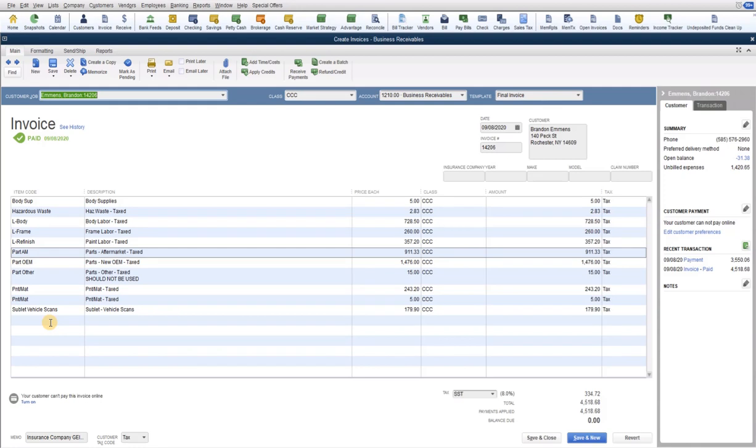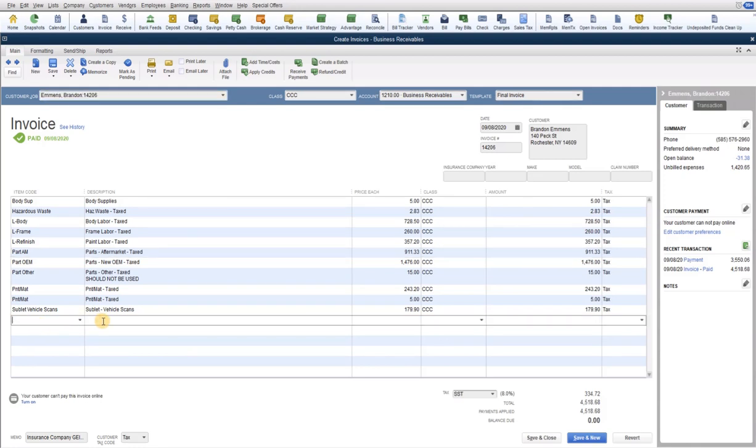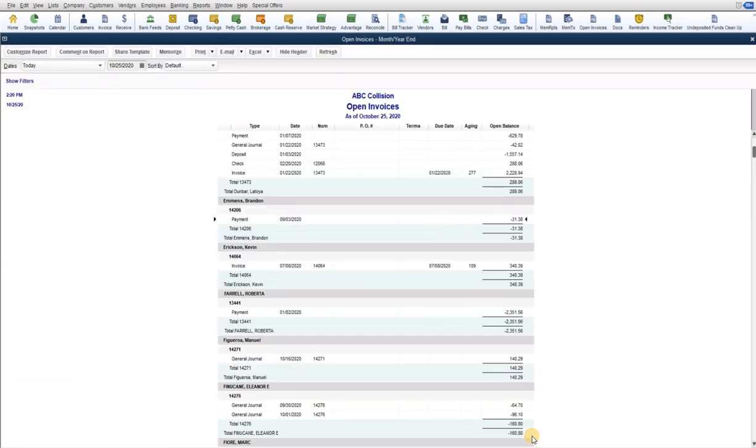We can do it a couple of different ways. This one has to do with sales tax, that we've actually got more money than what we should have. So what we need to do is apply this $31.38 as an overpayment keep directly in QuickBooks, because CCC is zero now.